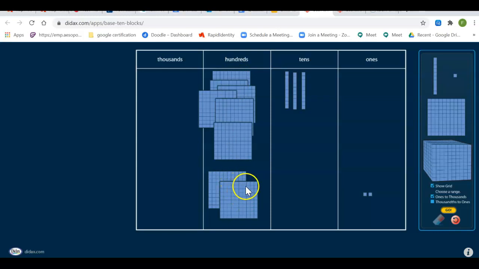Okay, so I've got 8 right here. And remember, our final answer was 832. So let's make sure we have 8 in the hundreds column. We do. 3 in the tens, and we have 2 in the ones. So that's how you build your answer using the base 10 blocks.